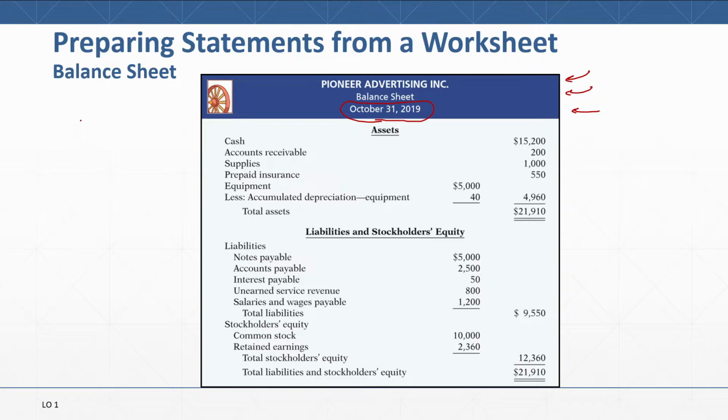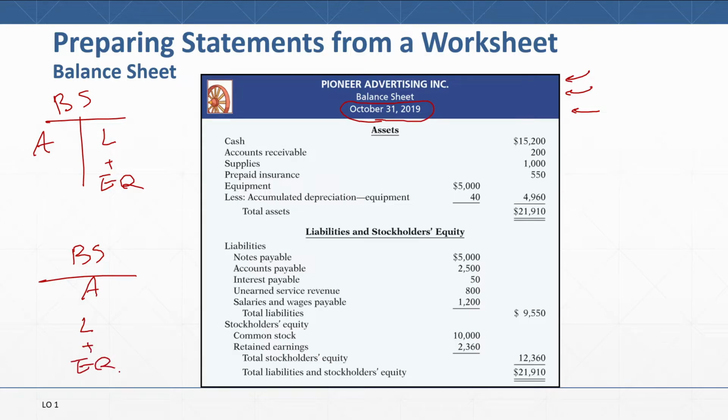So far we learned that balance sheet reports assets on the left and liabilities and equities on the right. Yes, that is one way to present balance sheet, but there's another way in which you report assets at top and then liabilities and equities at the bottom.